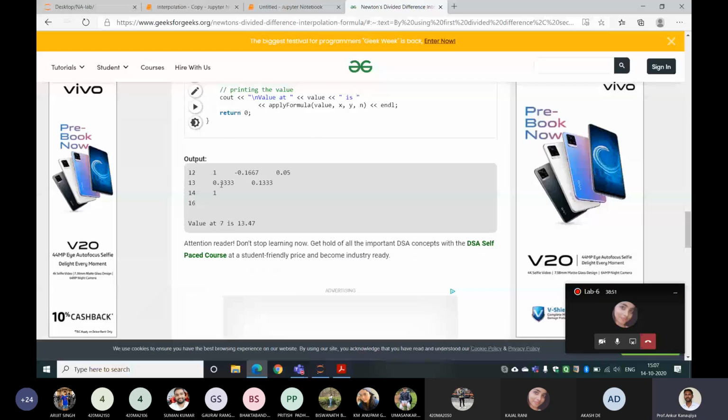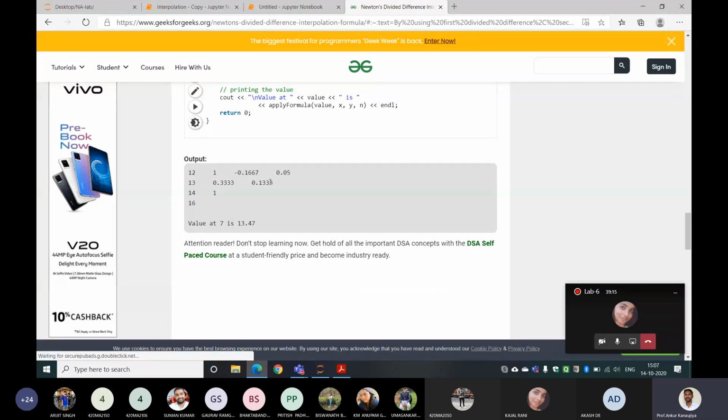This entry will be the difference of the previous column, this minus this, divided by this x minus this x. So for the previous column it is j minus 1, but whatever row we are calculating, this is the ith row, this is the i plus 1th row, this is the i plus 2 row. So i plus 1 minus i will give this entry. If this is i, then this is i plus 1.